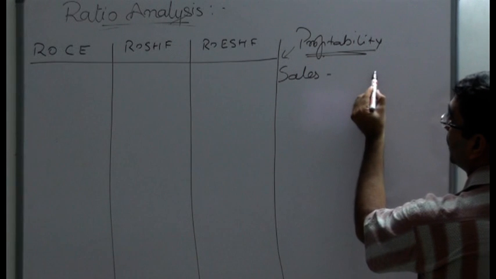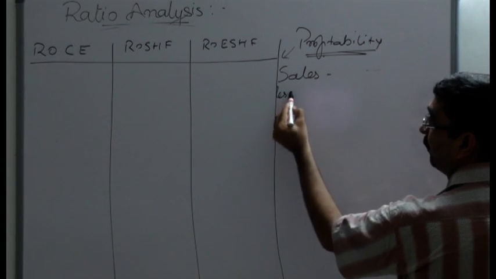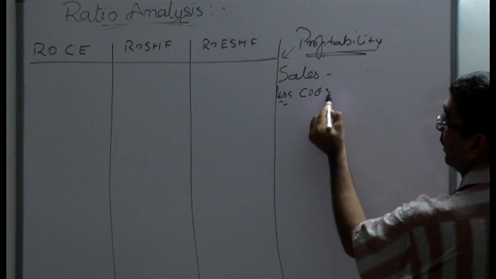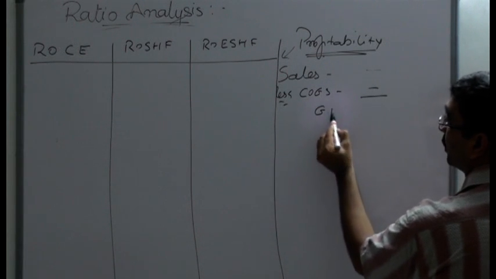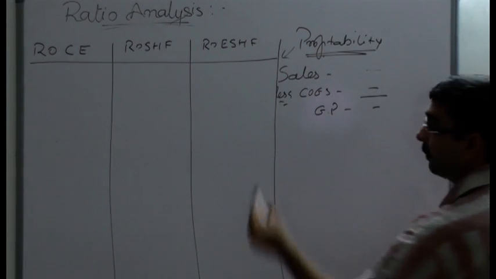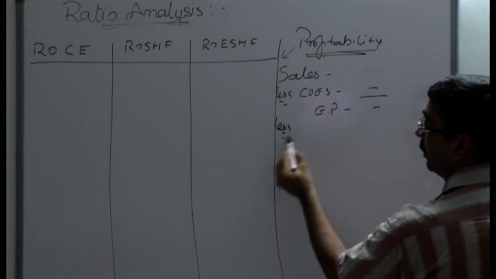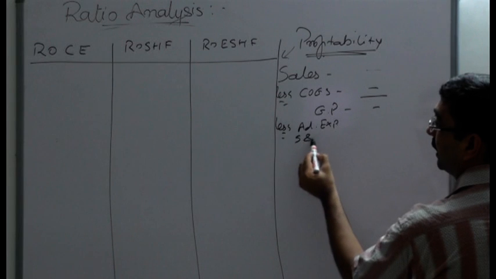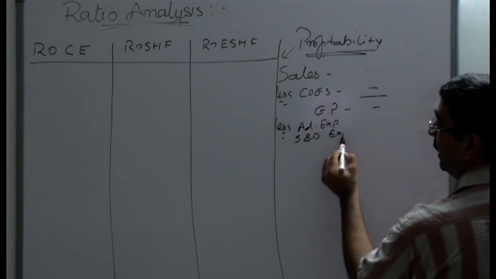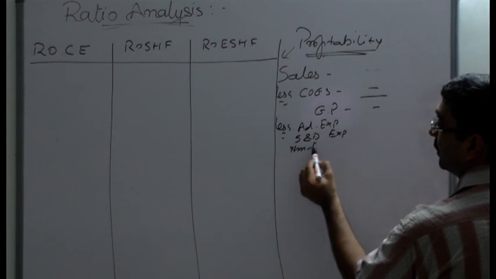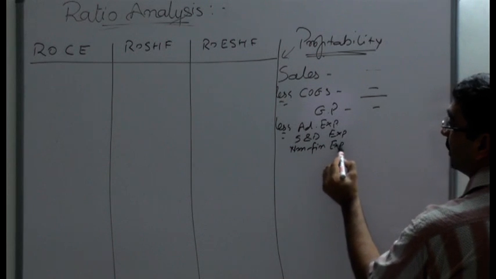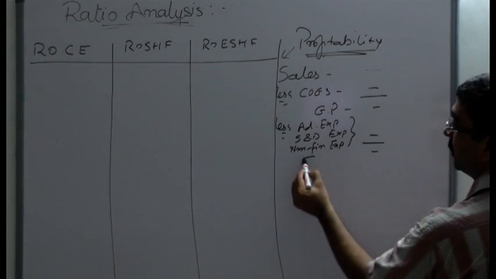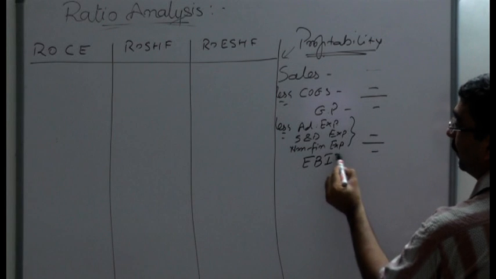Start with the sales. Here the sales is written, less cost of goods sold deducted from it, that is your gross profit. From the gross profit, less all administrative expenses, that means operating expenses, selling and distribution expenses, and non-financial expenses. So all these expenditures are deducted from it, that is your EBIT.